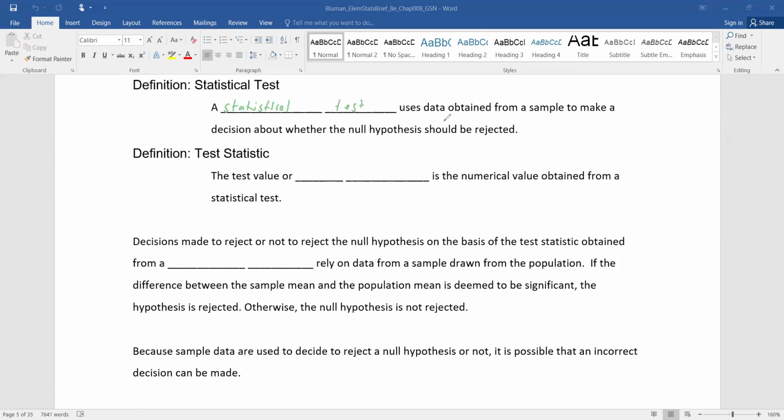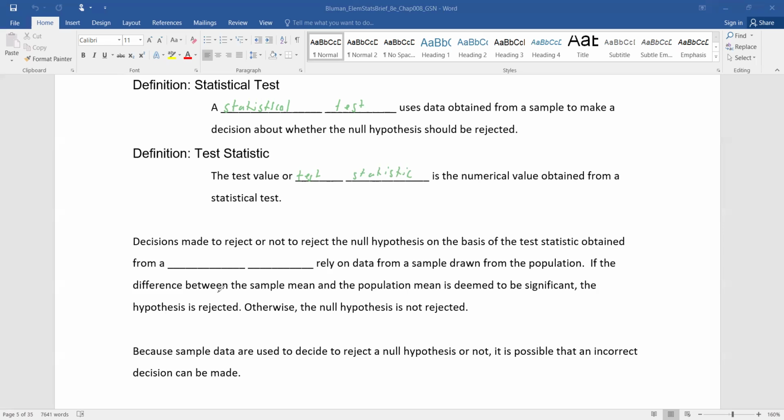A statistical test uses data obtained from a sample to make a decision about whether the null hypothesis should be rejected. A test value, or test statistic, is the numerical value obtained from a statistical test. That number, depending on what our range would be, tells us if we're rejecting or if we fail to reject.